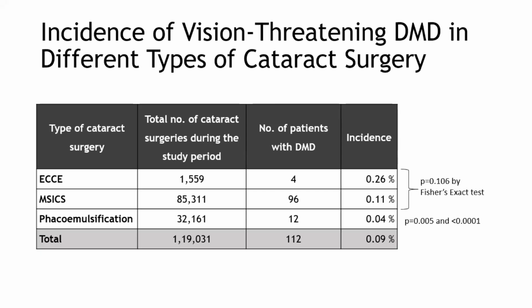Incidence of lower. So phacoemulsification causes less Descemet's membrane detachment compared to ECCE and SICS. So this statement you can make, but the same statement for SICS versus ECCE you cannot make. Okay, that's what we want to understand with the p-values here.